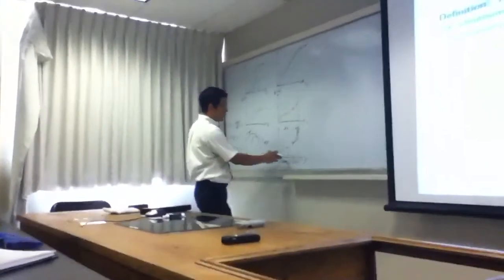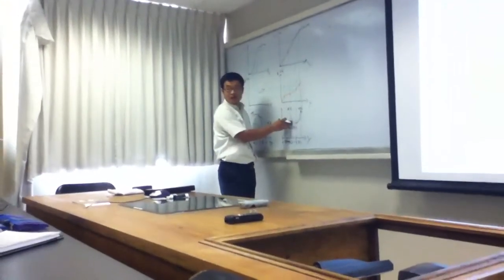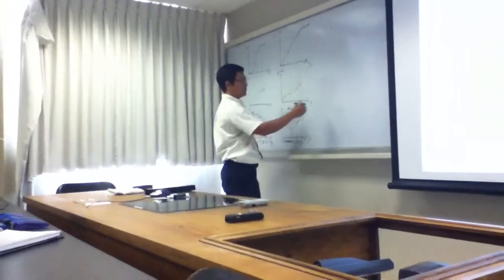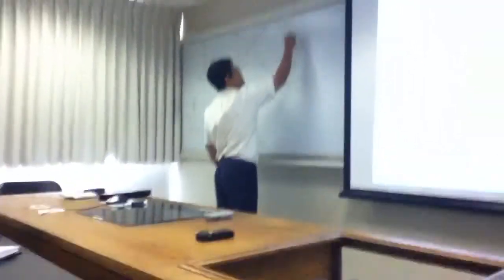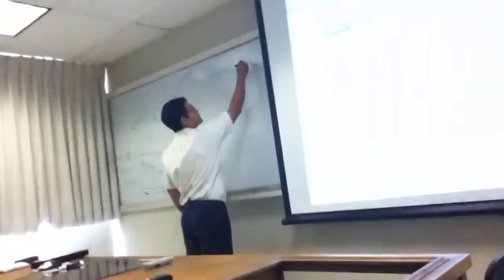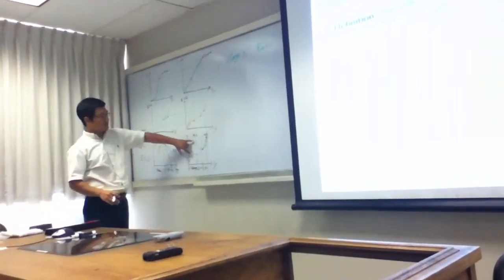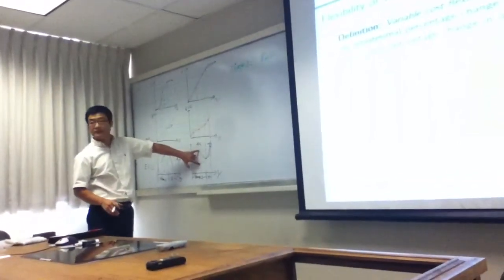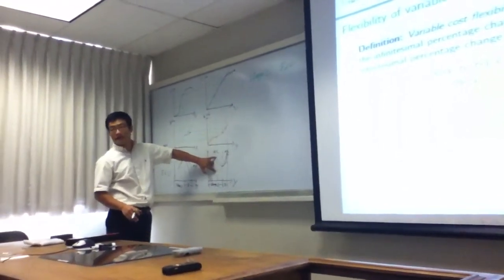In stage 1, marginal cost is lower than average cost, correct? I'm going to write stage 1 here. The variable cost flexibility epsilon is a number between 0 and 1. Marginal cost is lower than average cost.